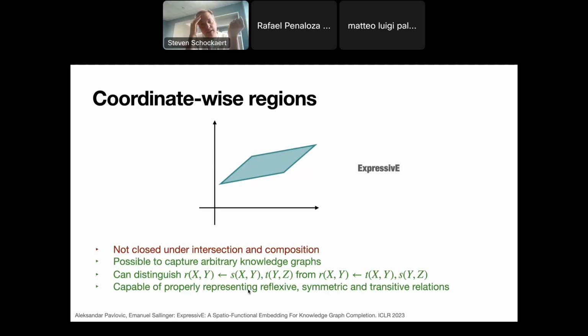The main limitation is that these parallelograms are not closed under intersection and composition, right? So if you have two relations that both have their own parallelogram representation, and we take the intersection, we no longer have a parallelogram. And the composition of these two relations may no longer be a parallelogram.